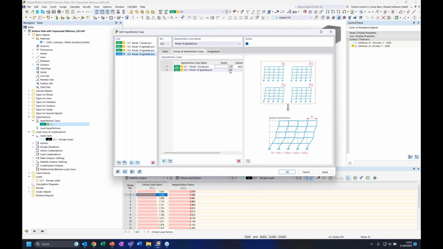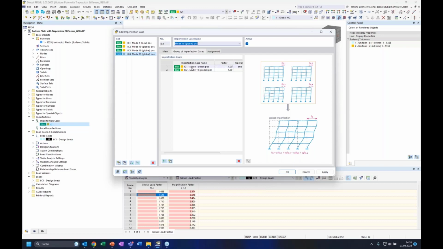So according to Eurocode, we can apply one as a leading imperfection with 100%, and the other one could be applied with 70%, but on the safe side, and to not create too many different groups, I just apply them both with 100%. That's a safe side assumption, so I can go with this.